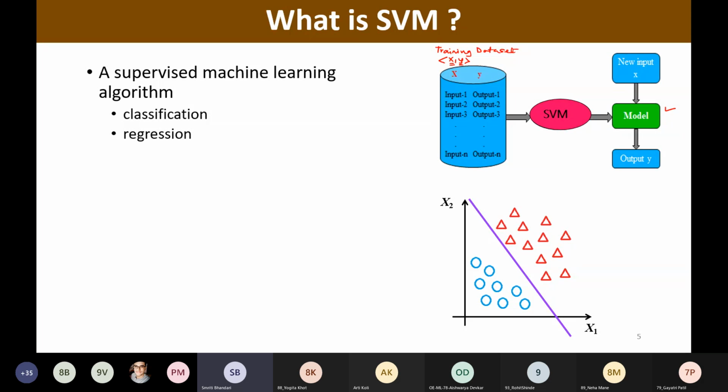As this data is two-dimensional data, the hypothesis looks like a line. So this line is segregating the data into different classes. Meaning towards this side we are having circle class, and towards this side of the line or hypothesis we are having the triangle class. Okay, so such kind of hypothesis, we may have many such kinds of hypotheses. We have seen these concepts earlier, if you remember.